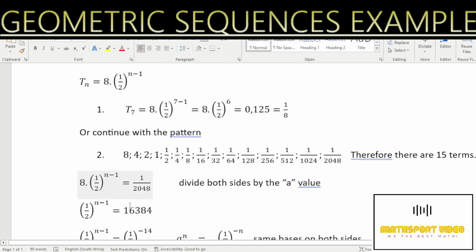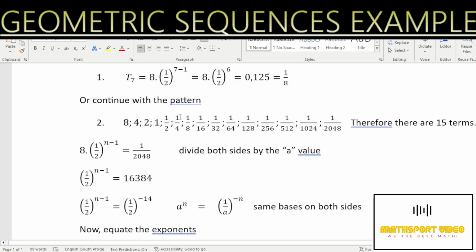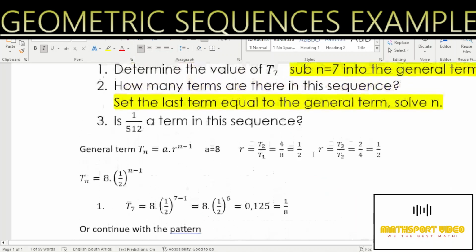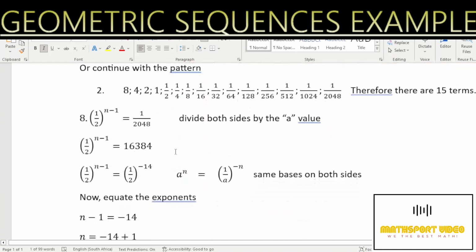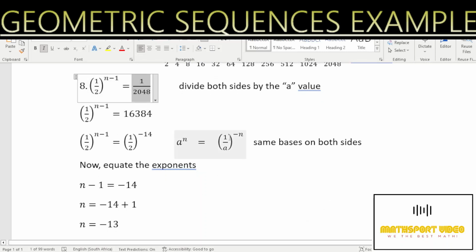Alright, so it's important to first double check our work. Okay, the first term is definitely 8. The r value is definitely a half, and this formula is correct. The question is asking how many terms, and we have 1 over 2048. I then took 1 over 2048 and divided it by 8.